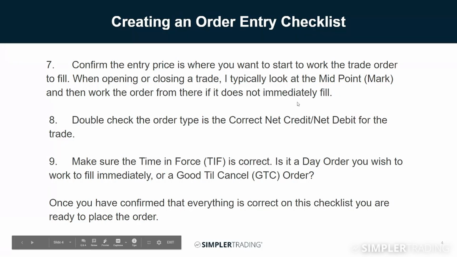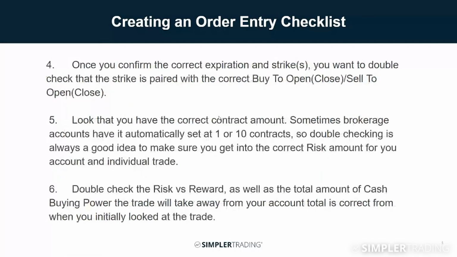But overall, you can see that you have backups, right? So let's say I had the strikes correct, but I accidentally set it up as a credit spread instead of a debit spread. Well, then, let me go back. So then, first of all, step 4 should help confirm that the buy to open and sell to open is correct on the strikes.